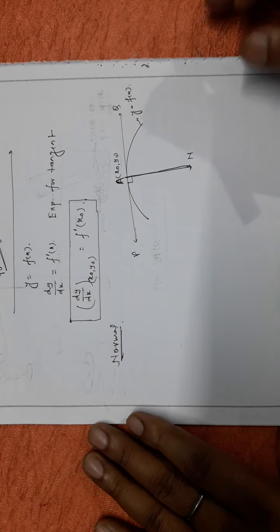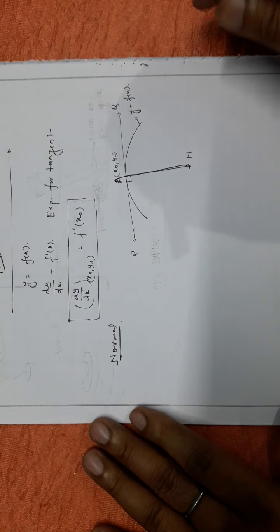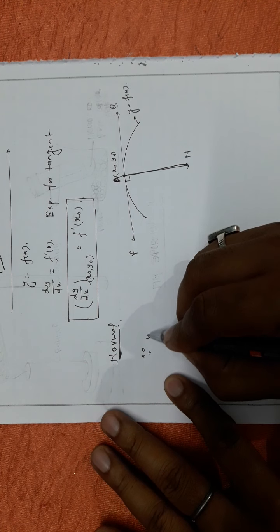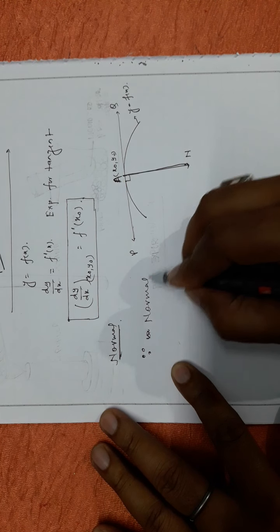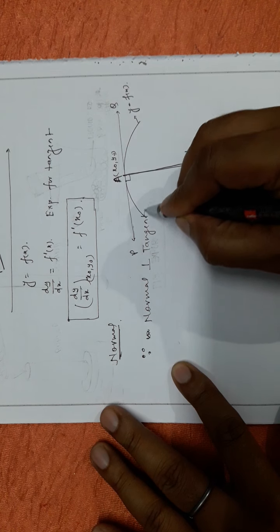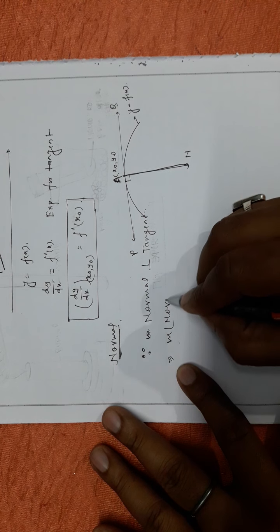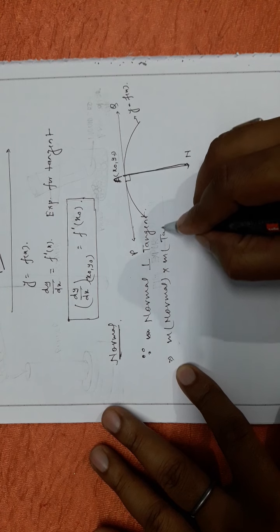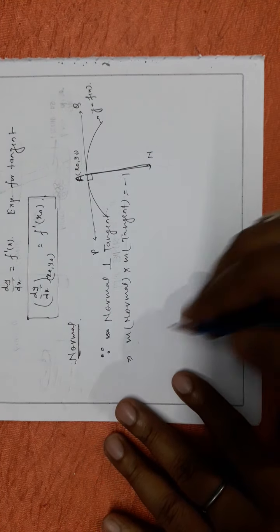So we have to find the expression for normal at point (x0, y0). As we know that normal is perpendicular to the tangent, slope of normal into slope of tangent equals -1.